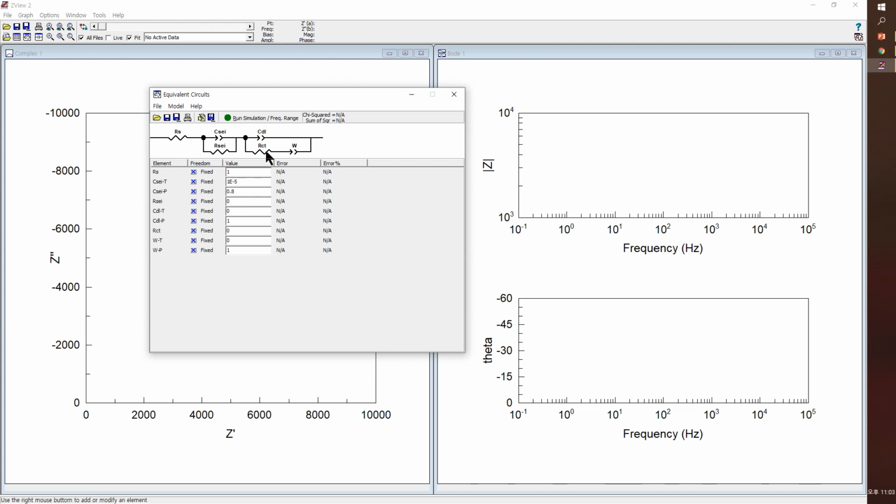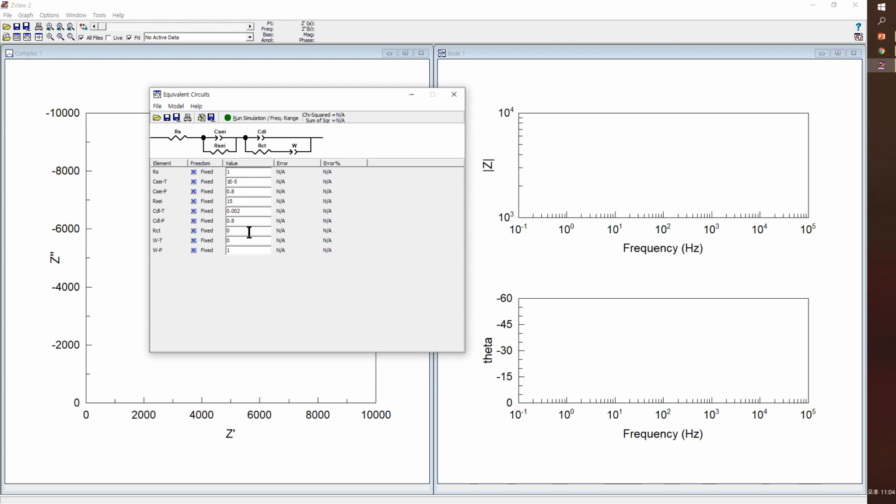Then let's go to the second semicircle, R charge transfer, in this case 15 ohm, and the other thing is CDL value, double layer formation capacitance, 0.002 and P value is 0.8.